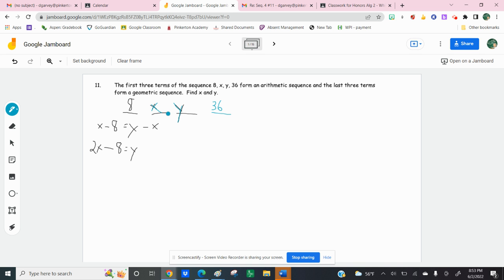So we know that their common ratio has to be the same. So I know that y divided by x has to be the same thing as 36 divided by y. I can cross multiply and simplify this. So I will get y squared equals 36x.